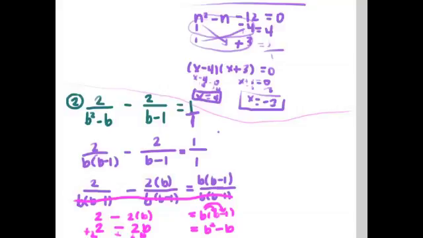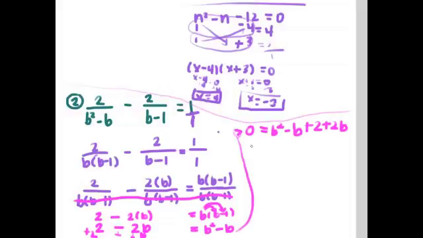Okay, so when I do that, here's what I have. If I add 2 and add 2b on that left side, everything cancels out. So all I'm left with is a 0. Okay, b squared minus b was already there. And then remember, I added that 2 from this side over, and I also added that 2b over.